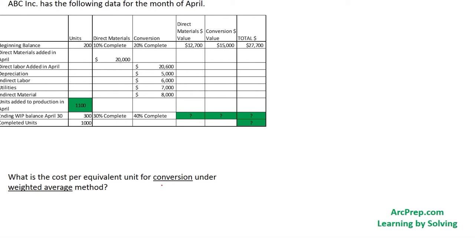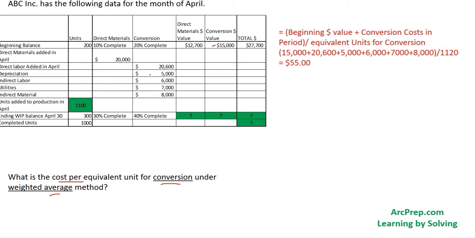Now, for conversion, I'm going to calculate cost per equivalent unit as well under the weighted average method. I know that I need to use the beginning dollar amount, but I also need to use all the different direct labor plus overhead. These are added in. This particular piece is overhead. This particular piece is direct labor.